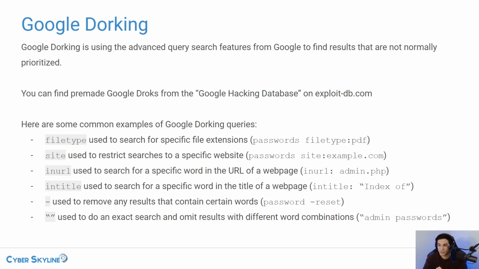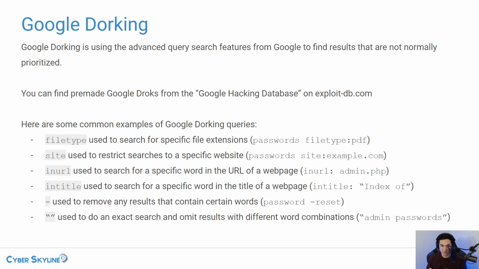And there's also the ability to use double quotes to do an exact search. So if you're searching for admin passwords without the double quotes, there's a good chance that you're getting information about the admin page, and maybe you're getting results about password policy or password reset pages separately. You're getting results that are specifically about the admin page and results that are specific about password policy.